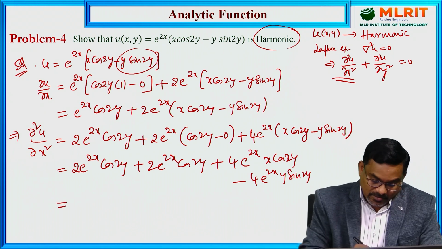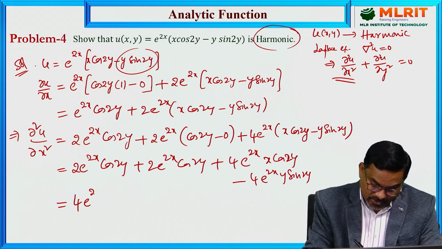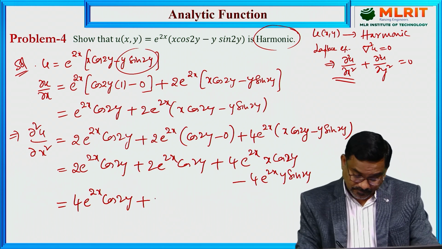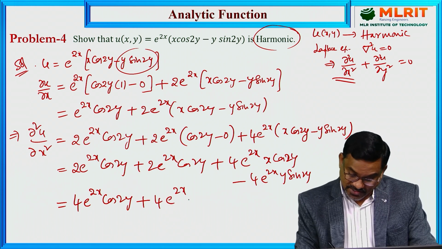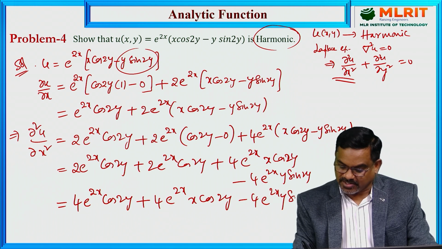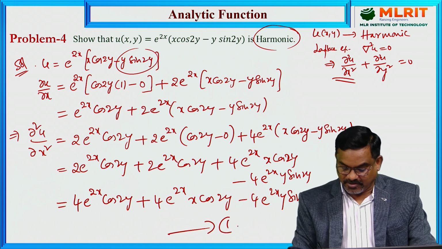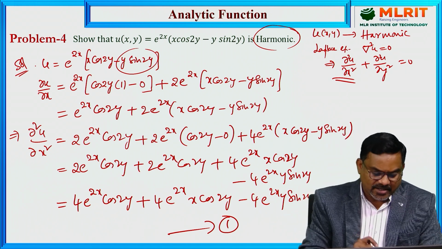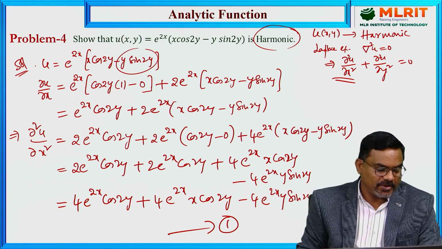So this is equal to 4 e power 2x cos 2y plus 4 e power 2x x cos 2y minus 4 e power 2x y sin 2y. This is equation number 1, which gives the second order partial derivative of u with respect to x.